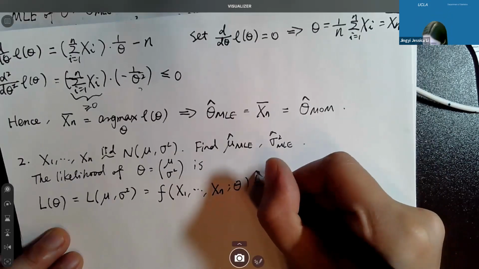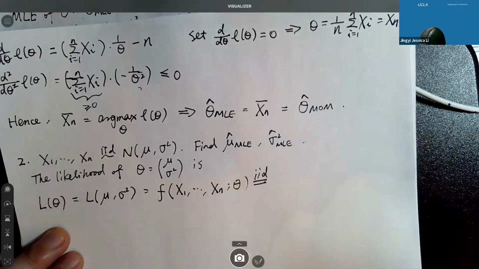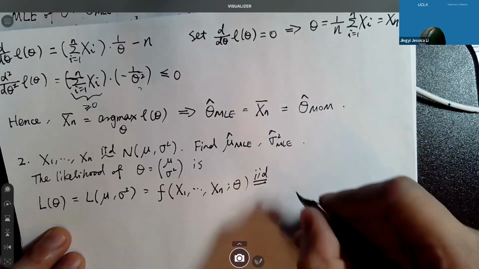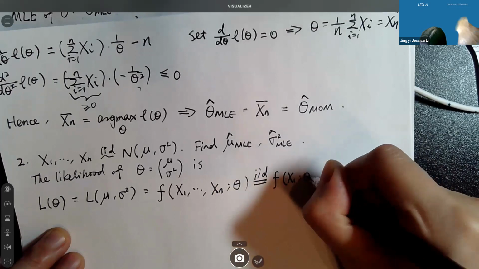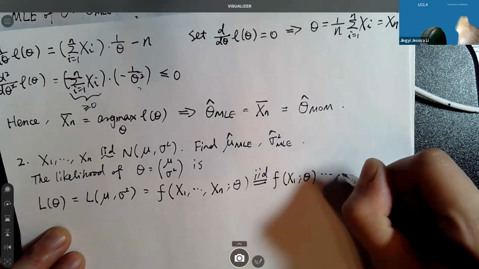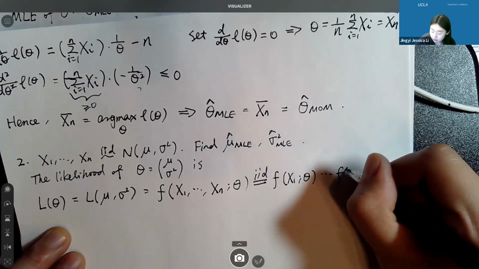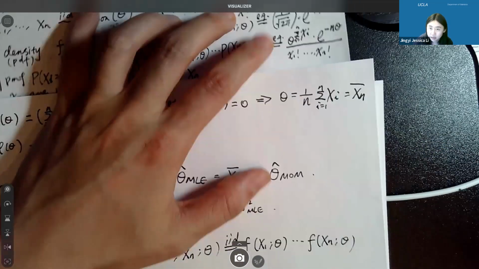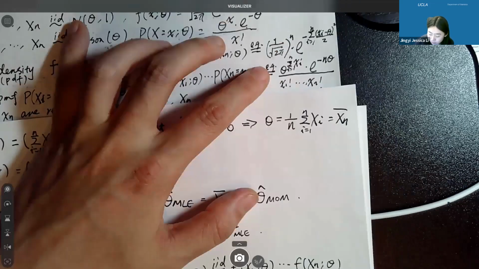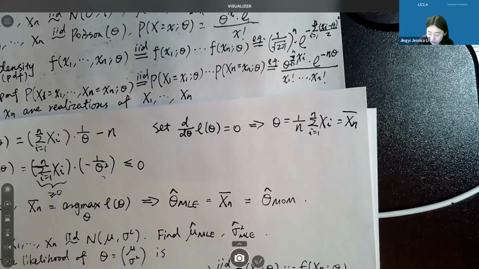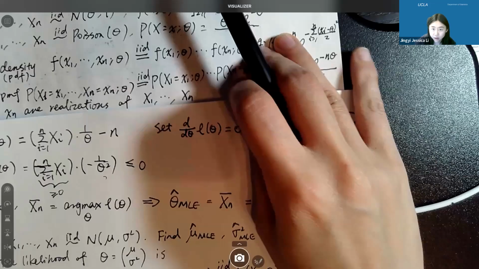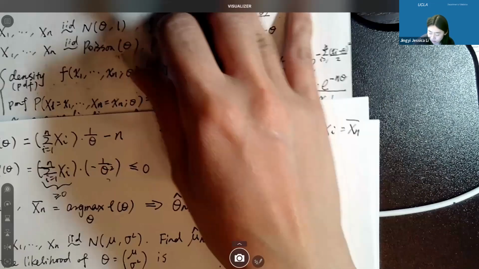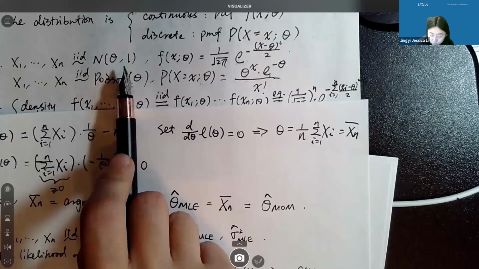So basically, it's the density of X1 given theta, multiplied up to the density of Xn given theta. And we already have it in my example before. But here I'm making it more general because the normal here no longer has variance 1. So therefore, I'm going to give you the general formula.